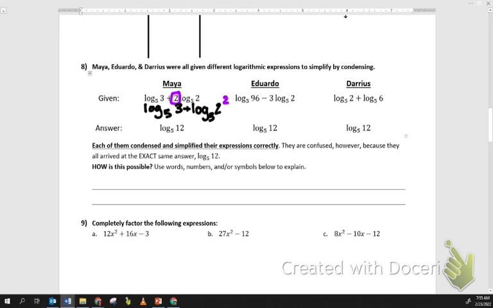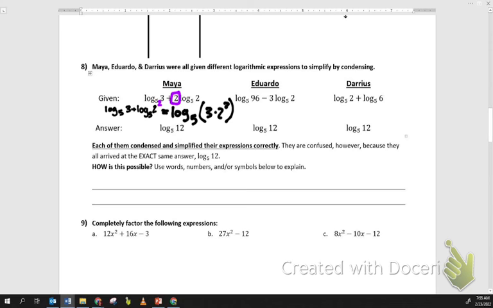And log base 5 of 3 plus log base 5 of 2 squared would be the same as log base 5 of 3 times 2 squared, and that's 3 times 4.